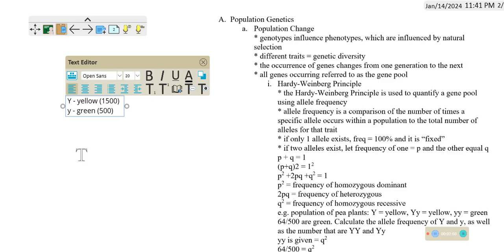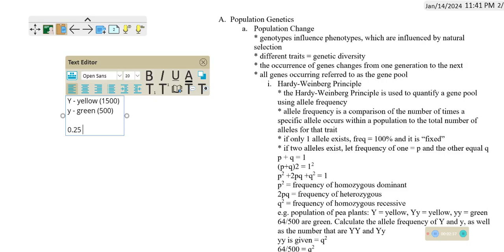We can say, okay, well, there's a total of 500 out of 2,000 alleles that are green. So 500 out of 2,000, again, that's going to be 25%, or 0.25 as a decimal.